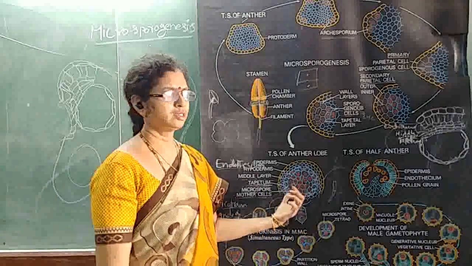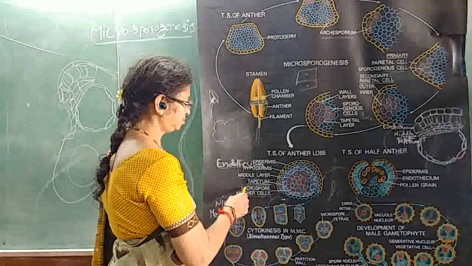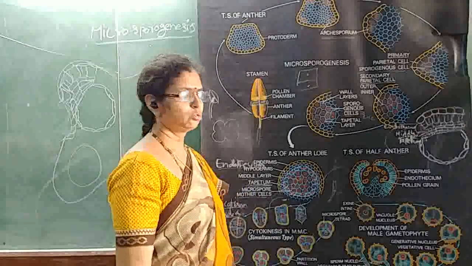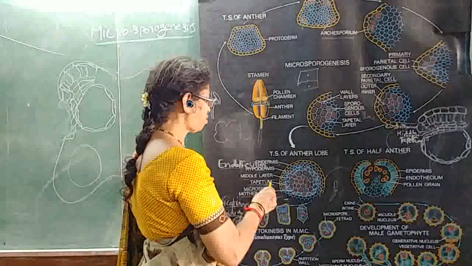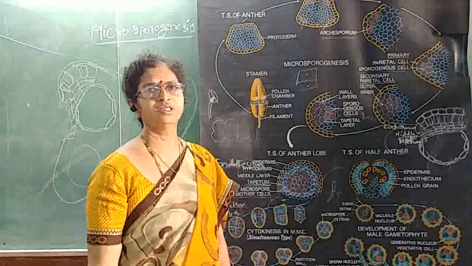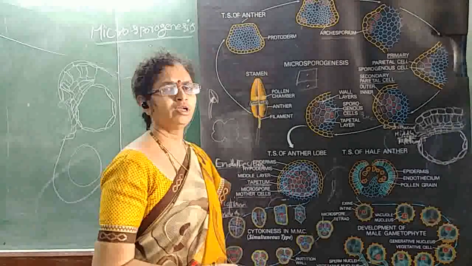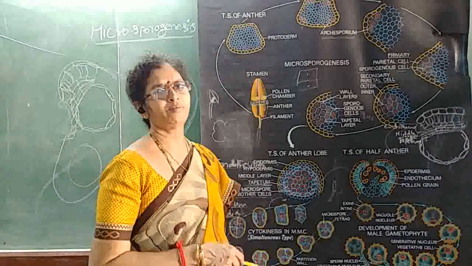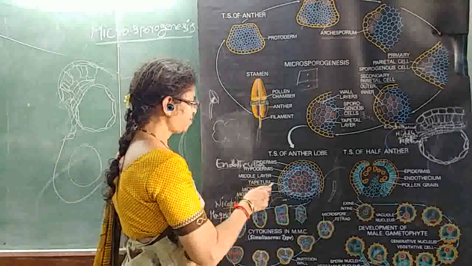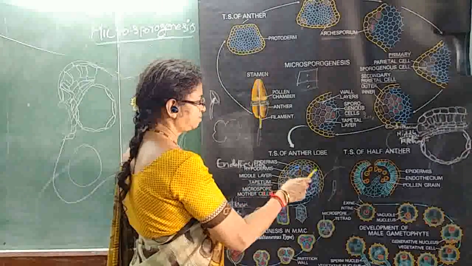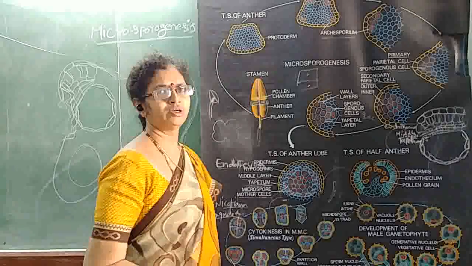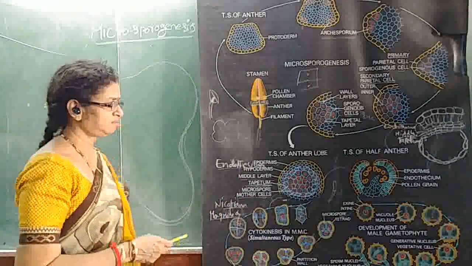the pollen grains. The tapetum is of two types: amoeboid tapetum and glandular tapetum, or secretory tapetum. Amoeboid tapetum is a primitive type of tapetum.